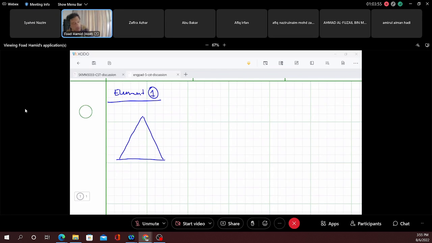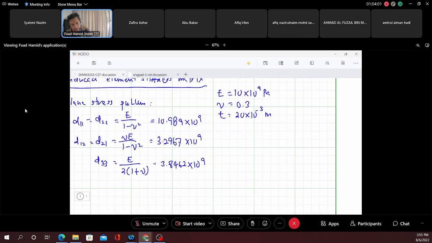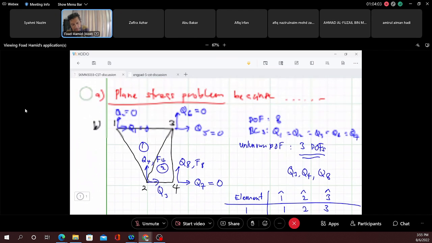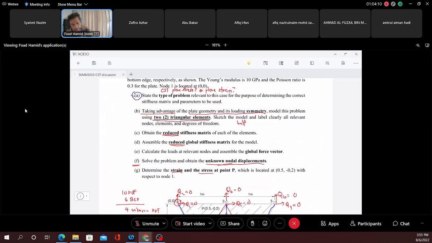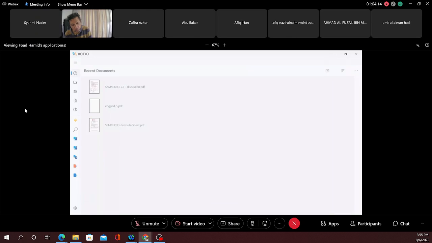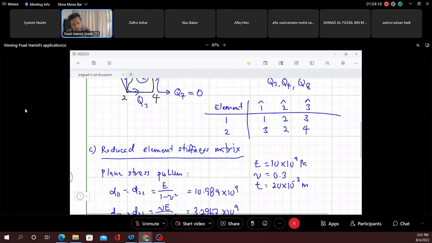Sorry, terbalik. Let me reopen. Okay, so this is element number 1.